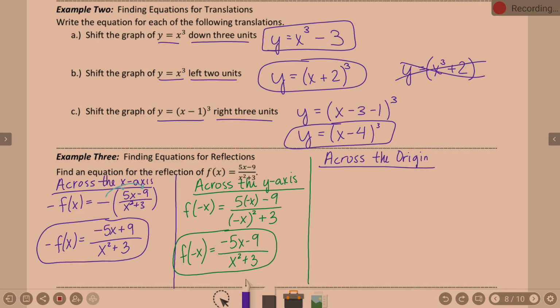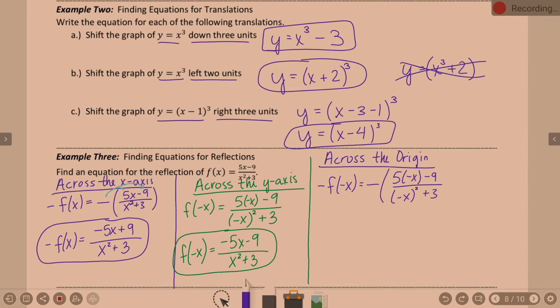So this is going to be negative f of negative x. The whole function is going to get multiplied by a negative, and also at the same time, every place I see an x, I'm replacing it with negative x. So 5 times negative x minus 9 over negative x to the power of 2 plus 3.